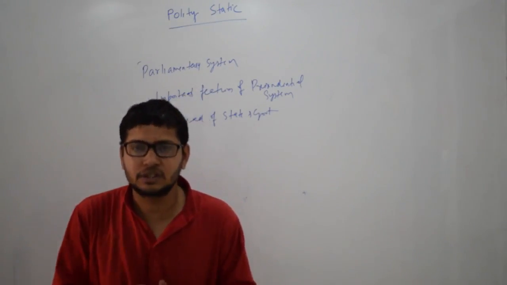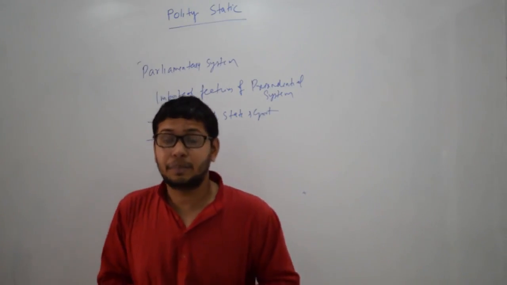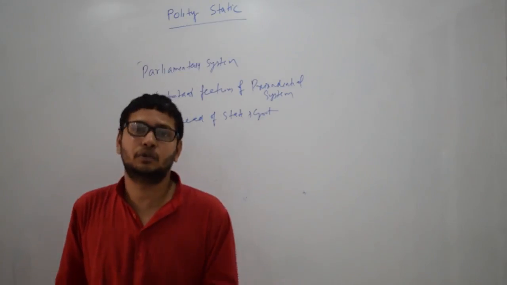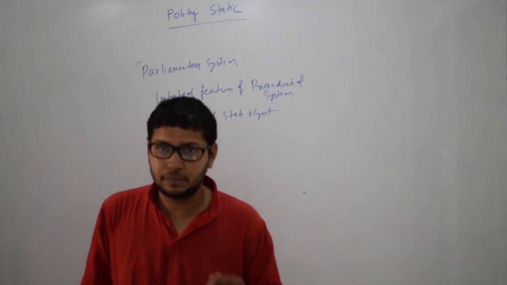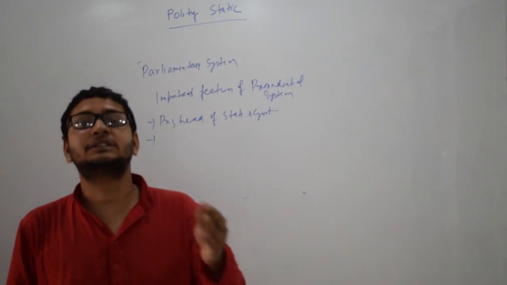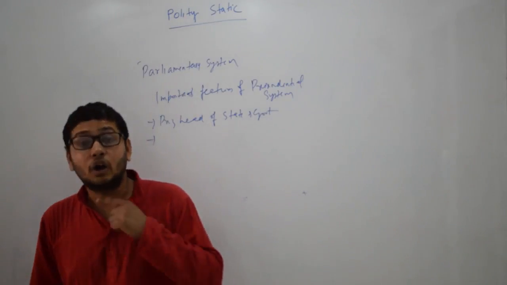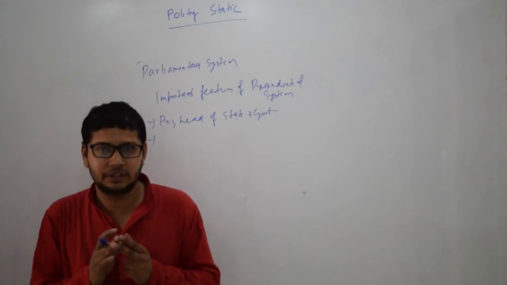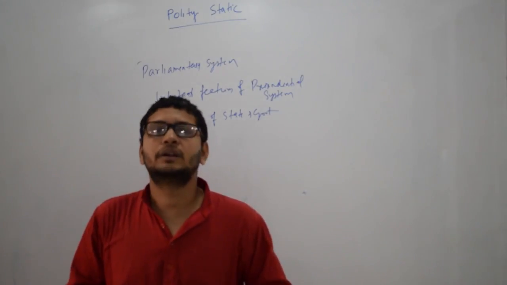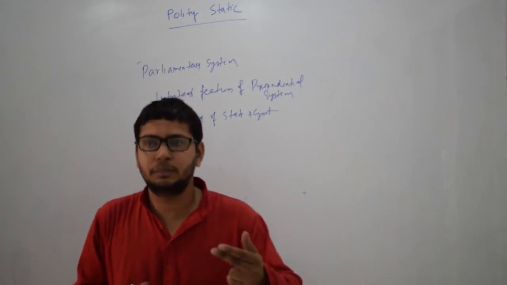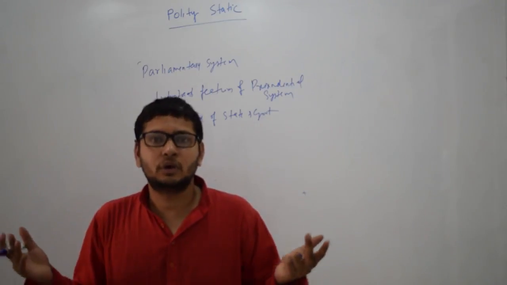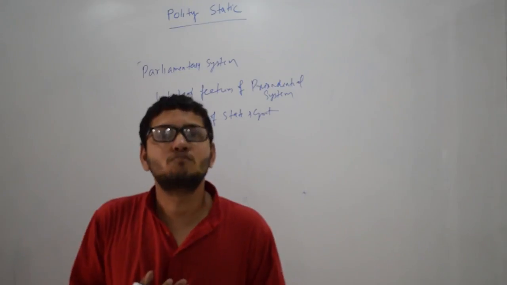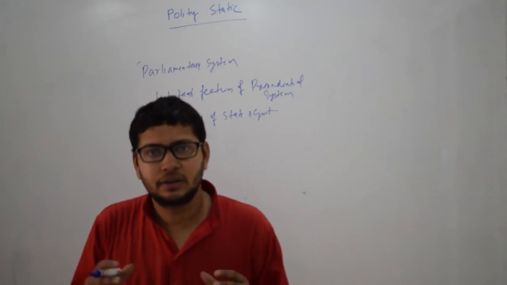They are solely responsible to the president, while in the parliamentary system the cabinet members are responsible to the parliament of India. They are responsible to the parliament. They are not responsible to the prime minister only, right? And it could also happen in the presidential system that the secretary or the minister could be from outside politics, or not a member of the legislature, right?